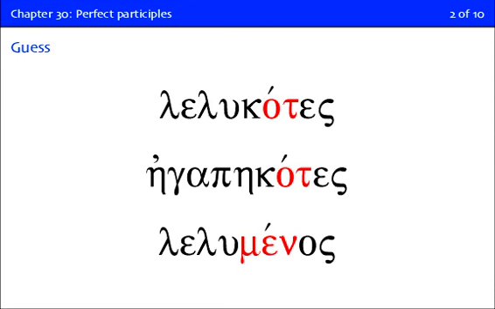Nu tau has normally been the one that's been used, but in the perfect active, the participle morpheme is omicron tau, and then you have the appropriate case endings, right? Because the tau is a consonant, it takes third declension endings, so you have epsilon sigma. So lelucatis is a perfect active participle, nominative plural masculine, okay?